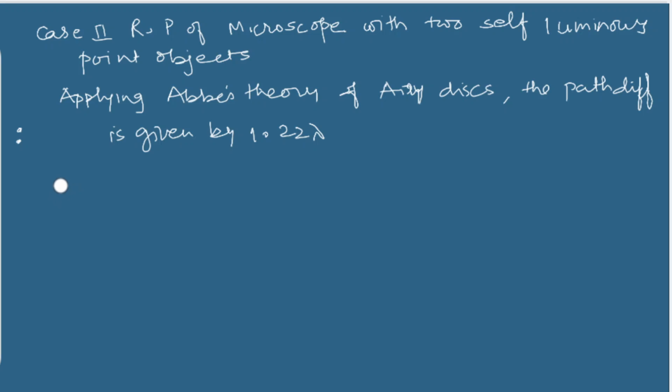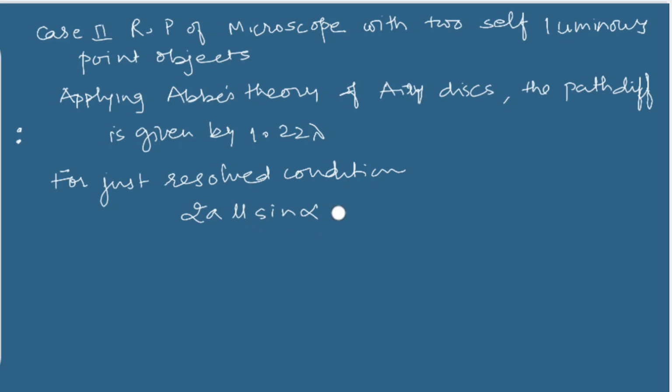As we know, for just resolved condition, we can say 2a mu sine alpha is equal to 1.22 lambda.